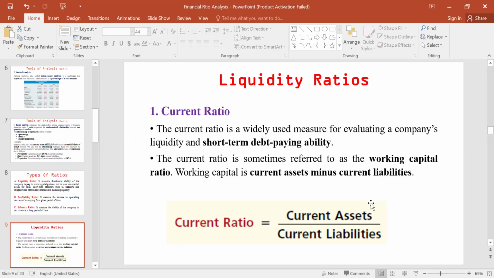If it is below the standard or benchmark, your position is weak, a less handsome financial position for your company. So the current ratio standard level is 2:1. This is the current ratio.